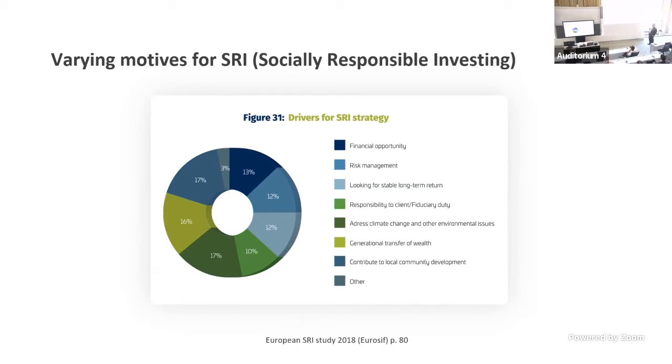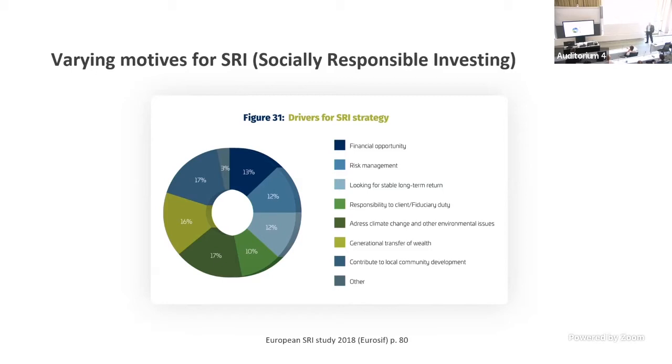there are a number of reasons here. Some of them have to do directly with climate change and so on. So you see here, address climate change and other environmental issues. Are there social motivations? Contribute to local community development.